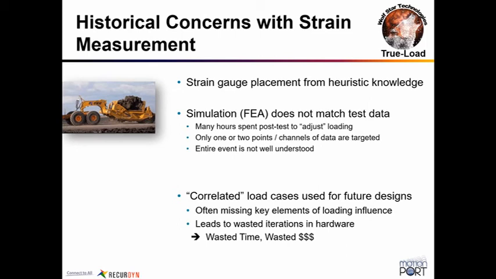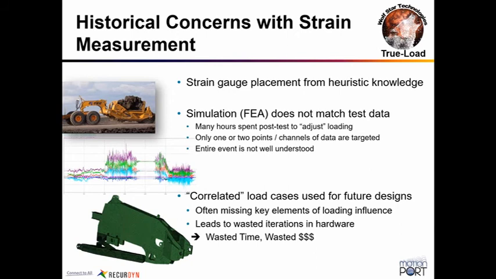So in some cases, arbitrary tuning was done. That's this bottom section talking about the so-called correlated load. People would do tuning, but they really didn't have enough information to know if that tuning was appropriate or not.